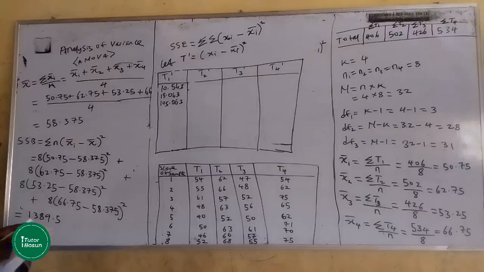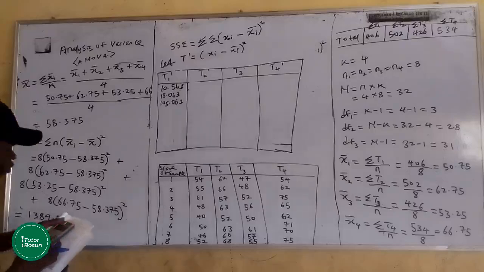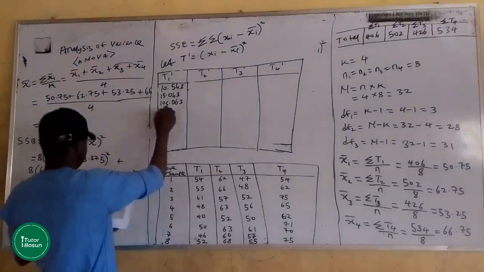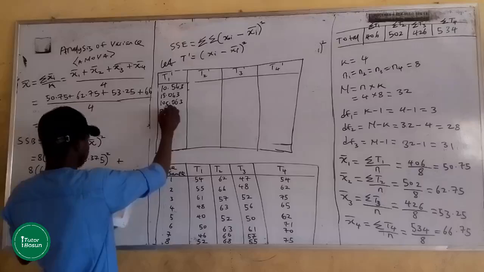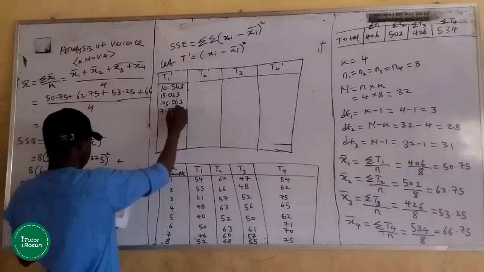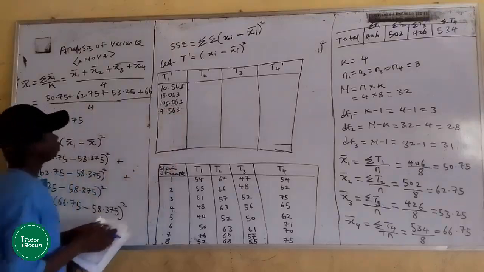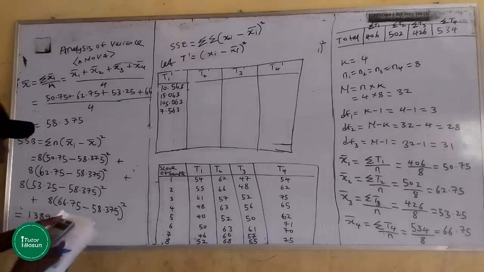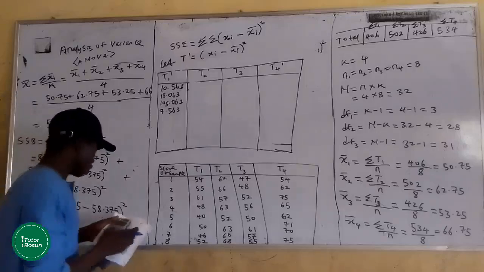The next one is 48. I have 48 minus 50.75 all squared. That's 7.563. The next one I have 40 minus 50.75 all squared.